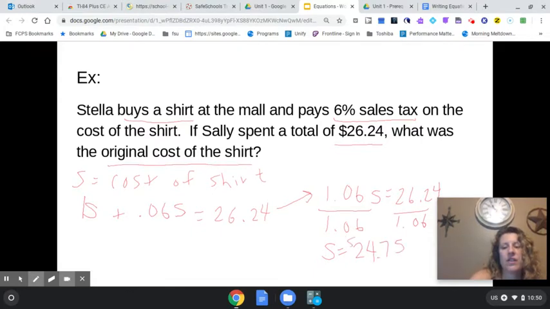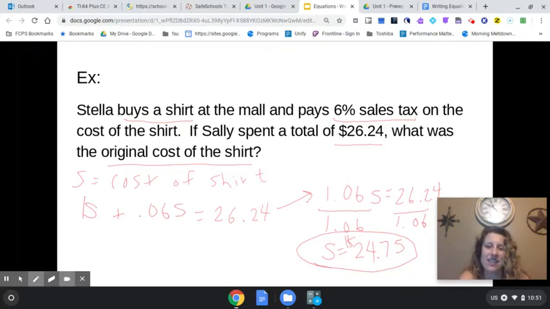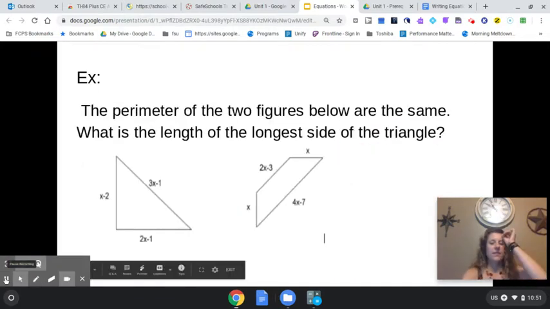So the cost of the shirt was $24.75. Again, we want to write that in a complete sentence. I'm not going to try to write that out on this slide, but I'll say it. The cost of the shirt is $24.75.